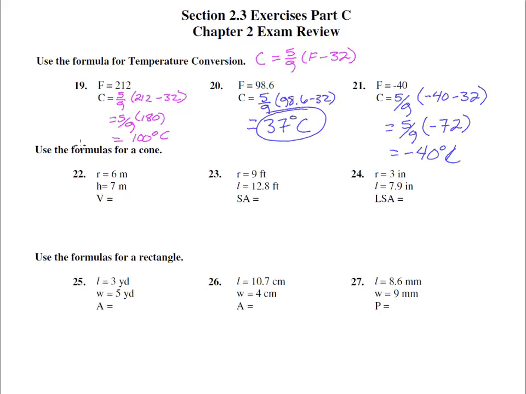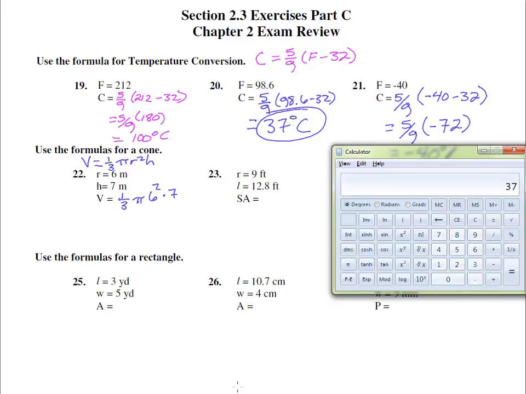Number 22, use the formulas for a cone. This one is the volume of a cone, which is volume equals 1/3 pi r squared h. Okay, let's stick it in and we get volume equals 1/3 times pi times r, which is 6 meters, squared, times h, which is 7.